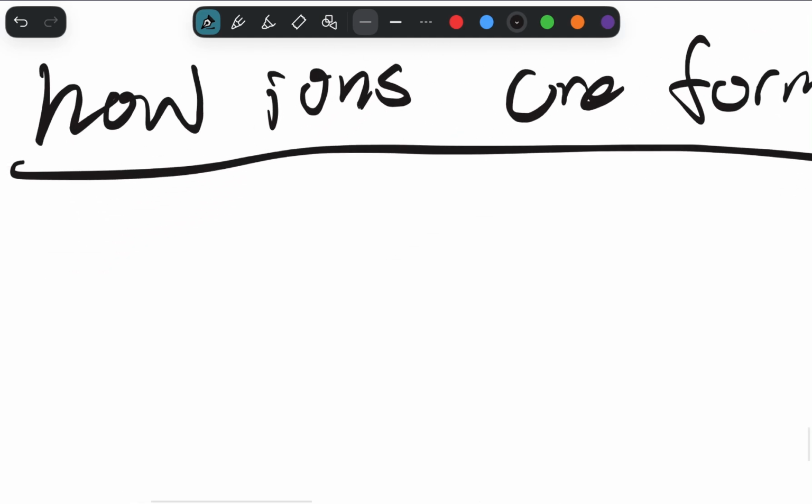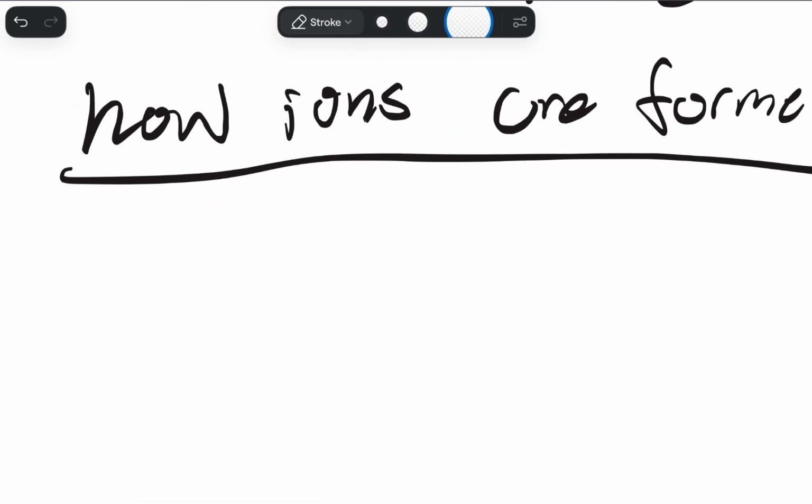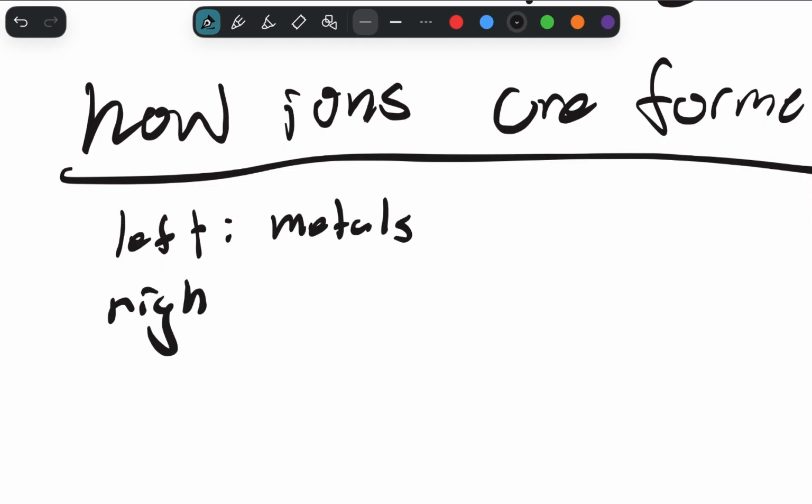How ions are formed. So generally, and I think this goes through chemistry, in your periodic table on the left is metals. On the right is nonmetals.